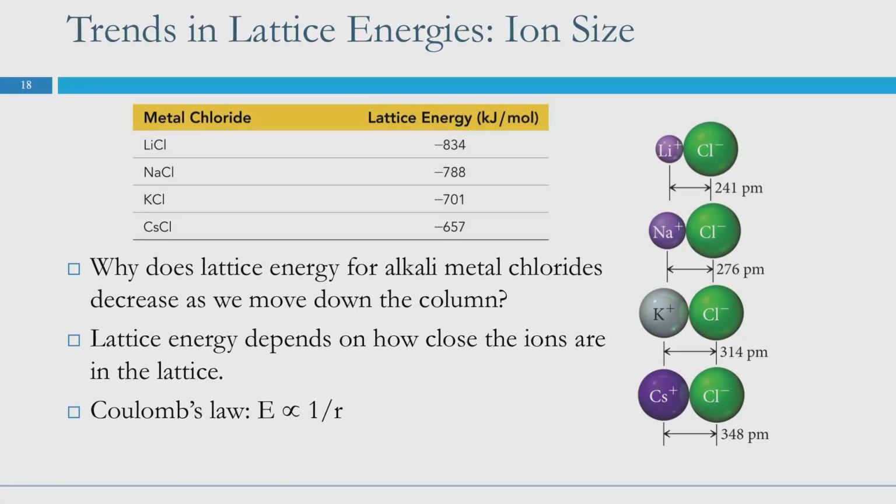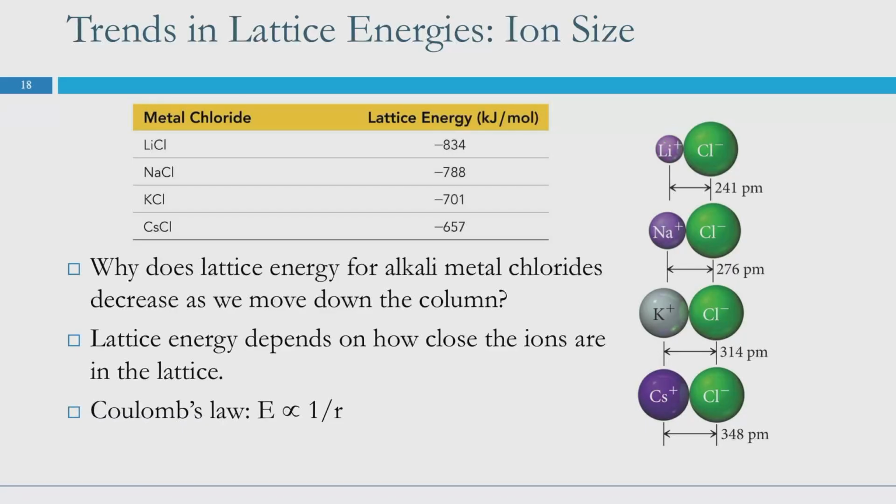We have some trends for lattice energy based on ion size. The lattice energy for alkali metals with chlorine decreases as we move down the column. We have less stability gained by forming the lattice. The reason it decreases is because of the size of our ions.